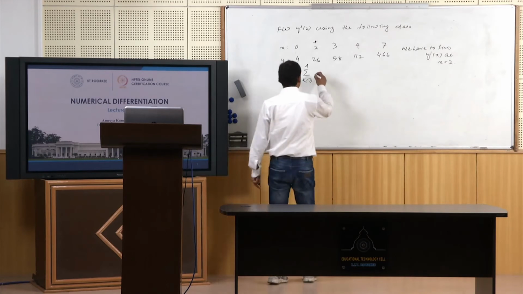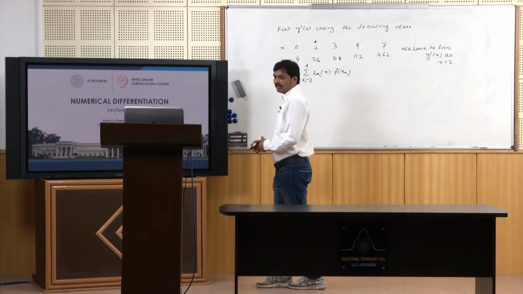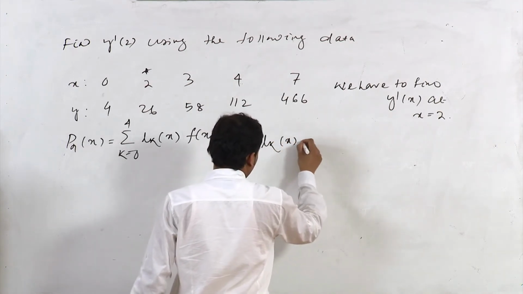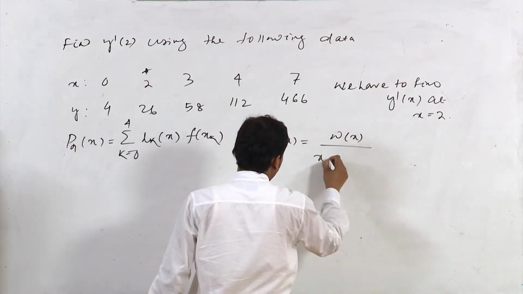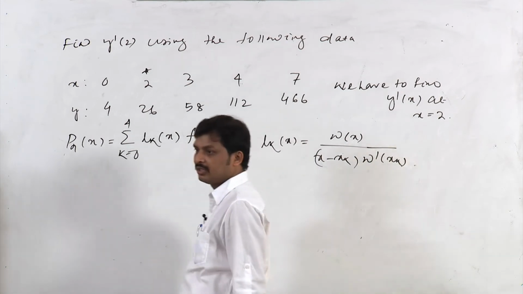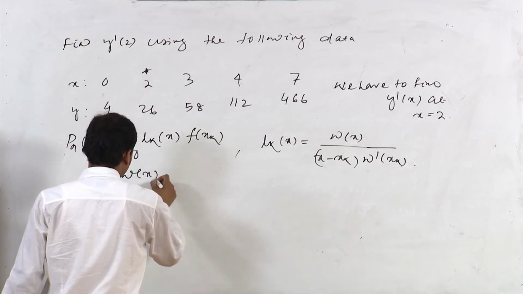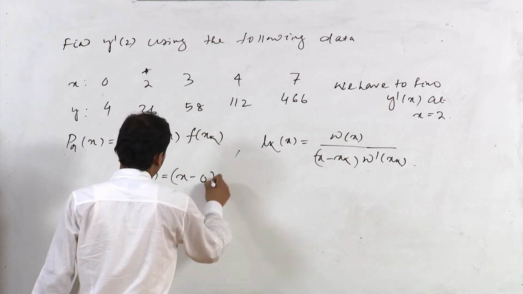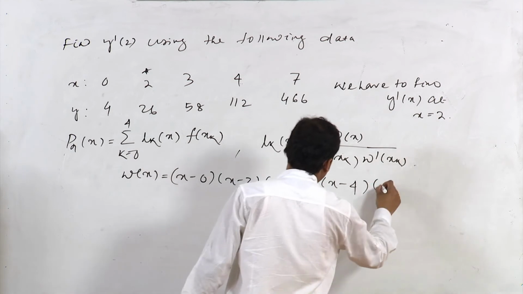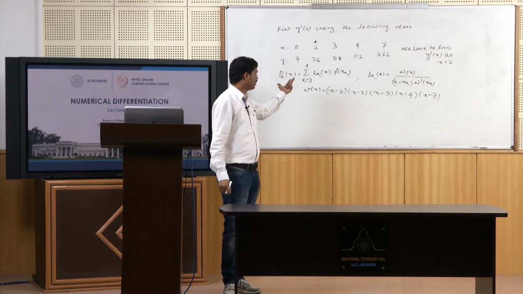So we write Lk(x) f of xk, and directly we can write Lk(x) as omega(x) divided by (x minus xk) omega dash of xk, where omega(x) can be expressed as x minus 0, x minus 2, x minus 3, x minus 4, x minus 7, since all the points are included in the numerator product.